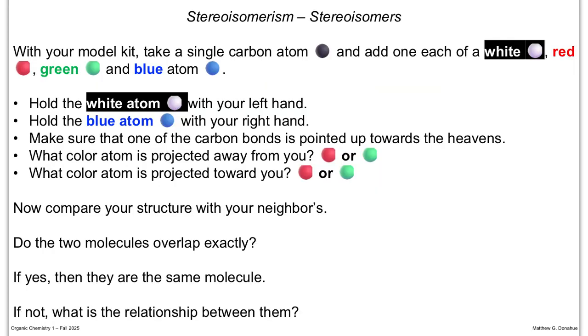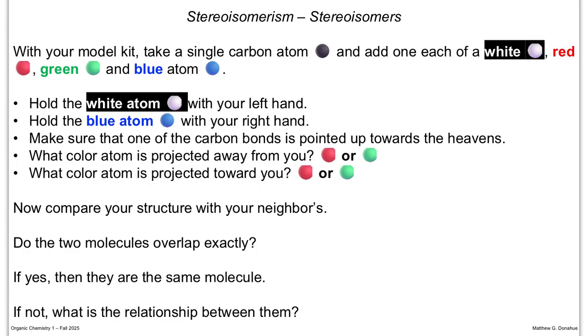So how do we name these things? I'm going to use the yellow for hydrogen here in this example. The central carbon here, as you can see, has 4 different colors bonded to it. I want to keep yellow as hydrogen, and then the red, green, and blue are just 3 other different things. So I hold the white in my left hand, and the blue.